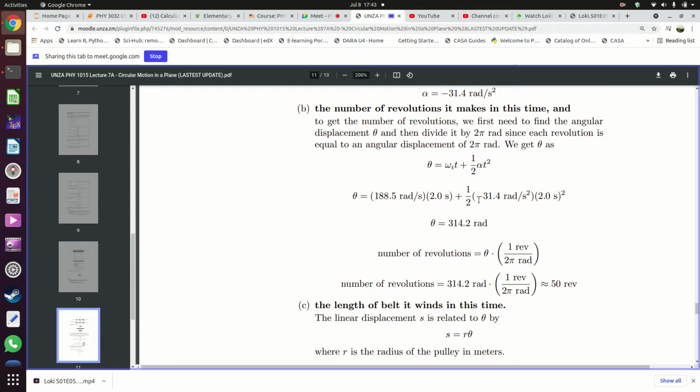So the pulley, whose radius is 5 centimeters, will have to turn 50 times during this 2 seconds. Is that clear?